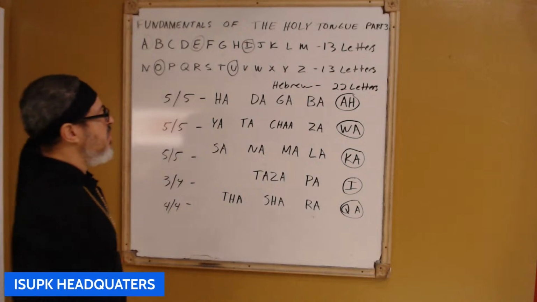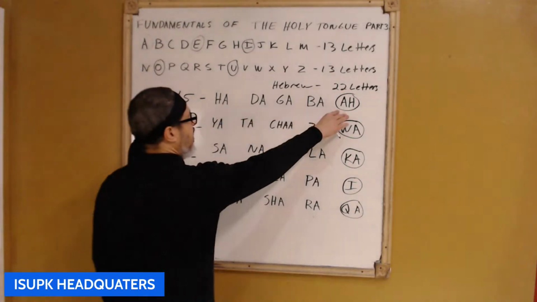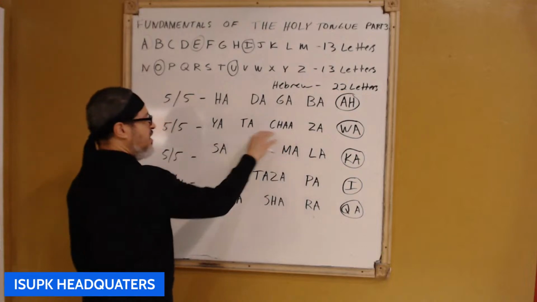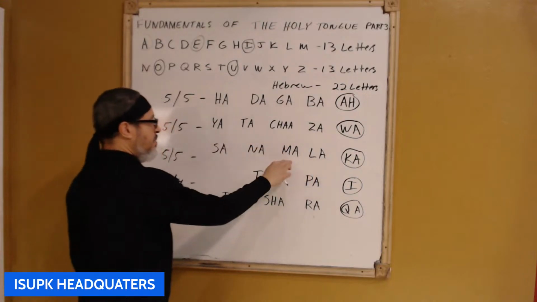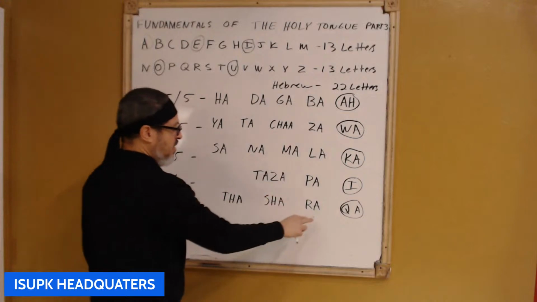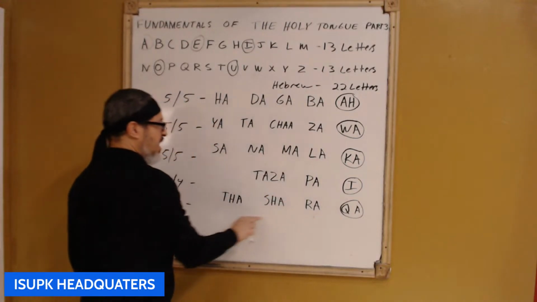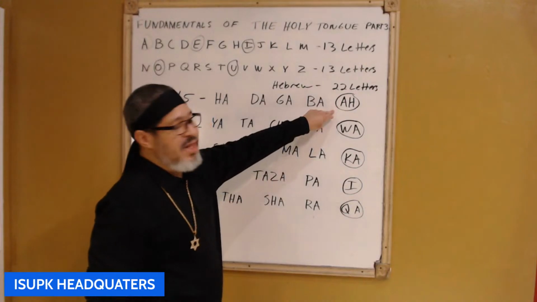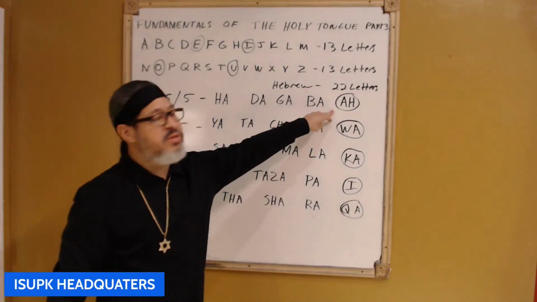And you'll see that pretty much every one of these letters has the a in it. Ba, ga, da, ha, sa, ha, ta, ya, la, ma, na, sa, pa, ta, za, qua, ra, sha, tha. So it pretty much has the letter A, or the a sound used throughout.